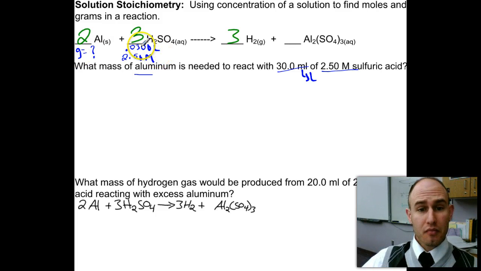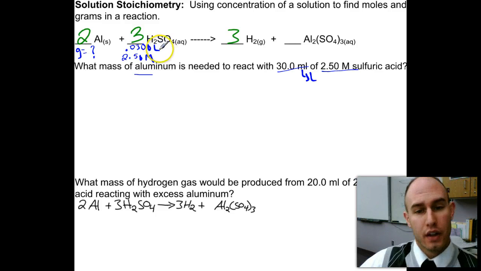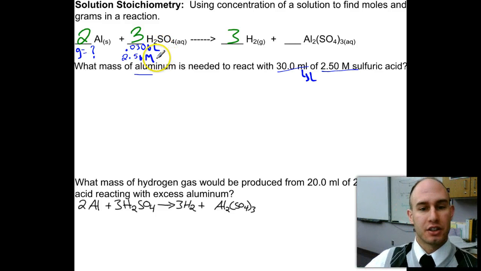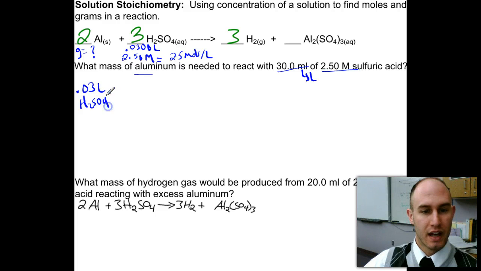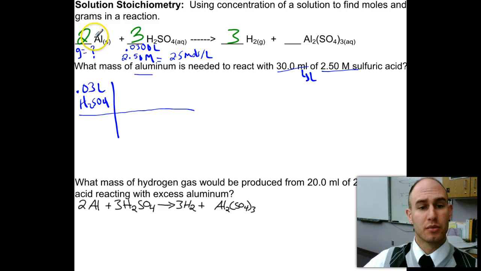You always want to start with your given that is not a fraction. Since 2.5 is moles per liter, and this is just liters, I'm going to start with my given, 0.300 liters of H2SO4, my sulfuric acid, and I need to convert that to grams of aluminum.